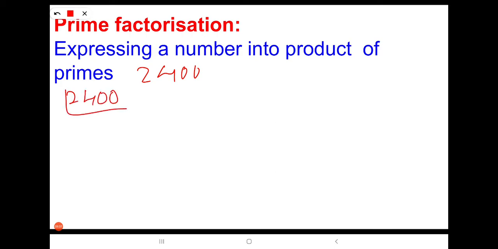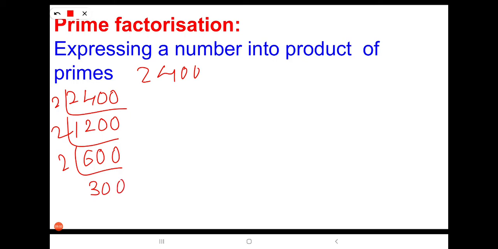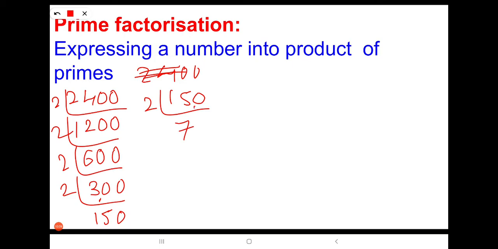Let's start with the 2 table first. 2 ones are 2, 2 twos are 4, 2 zeros as it is, 2 sixes, 2 zeros as it is, and 2 threes, 2 zeros as it is, and 2 ones, and 1 is remaining, 2 fives are 10, 0 as it is. 150, I'm taking here, it is 150. 2 sevens are 14, 1 is carry, 2 fives are 10. Okay, so it will not go in the 2 table.